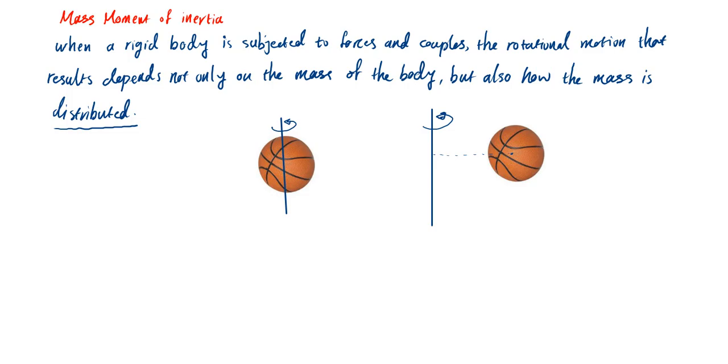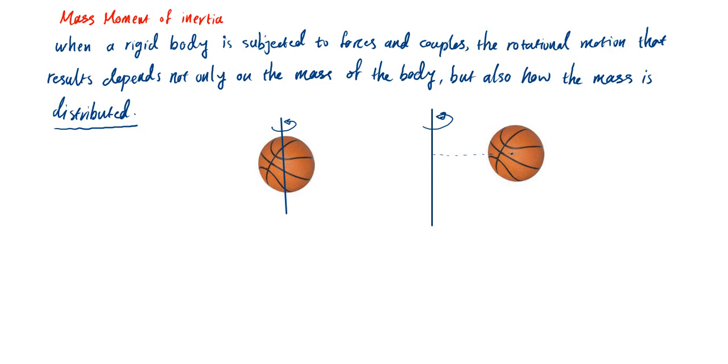Now, this is a different case. If you try this, you will see that you need much more force to make this rotation. The ball is the same, has the same mass, but now it's farther from the axis of rotation. So it's not just about how heavy the ball is when you want to rotate around an axis. It's also about how far the ball or the rigid body is from that axis. The farther it is, the more force you need, the harder it becomes to rotate that object.